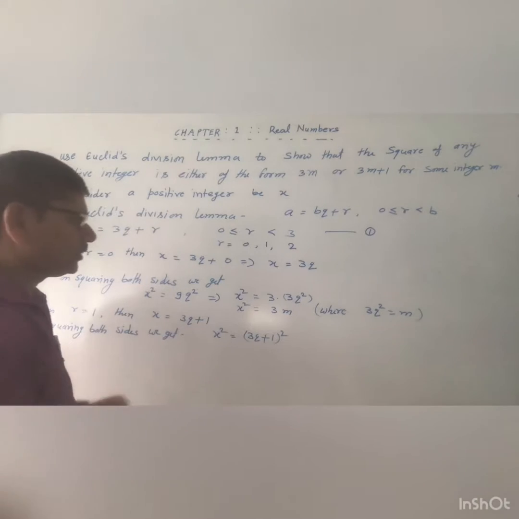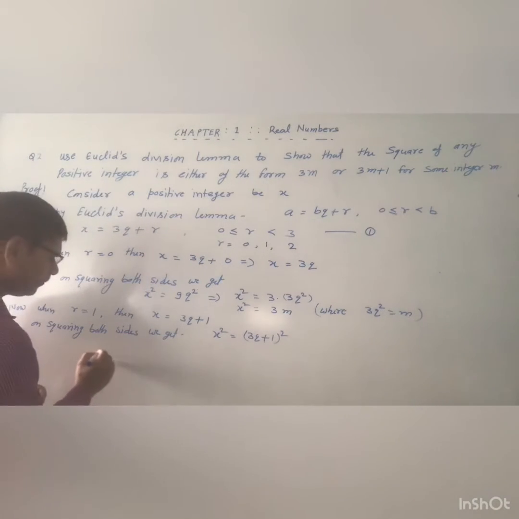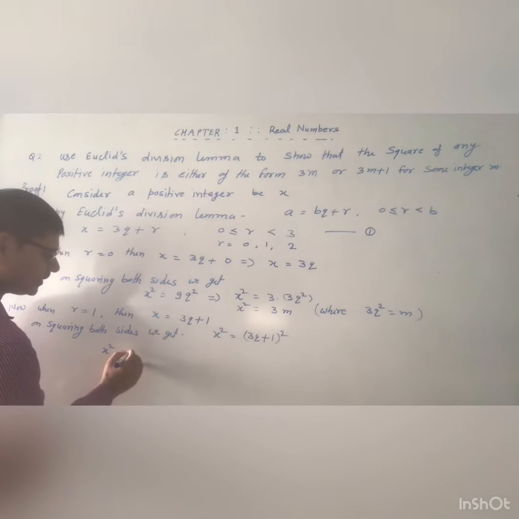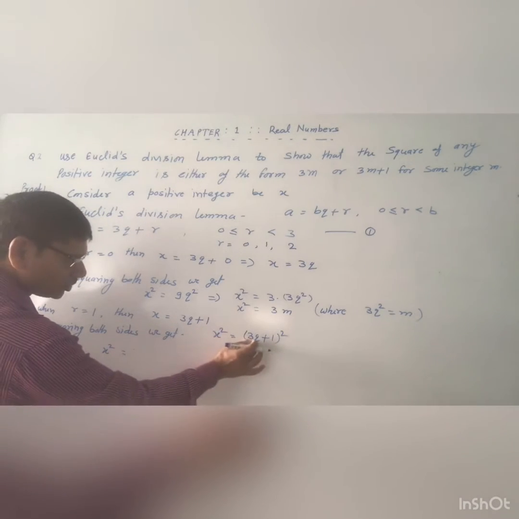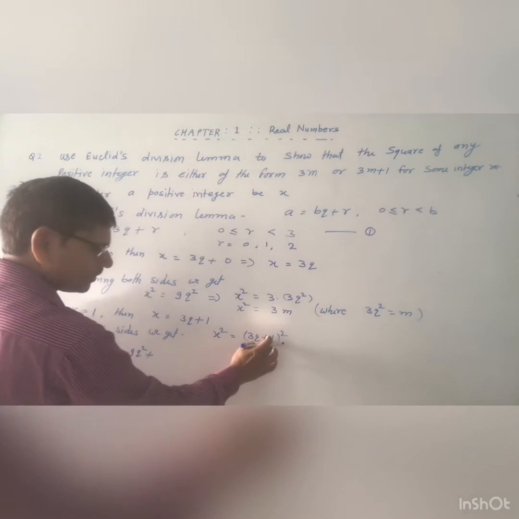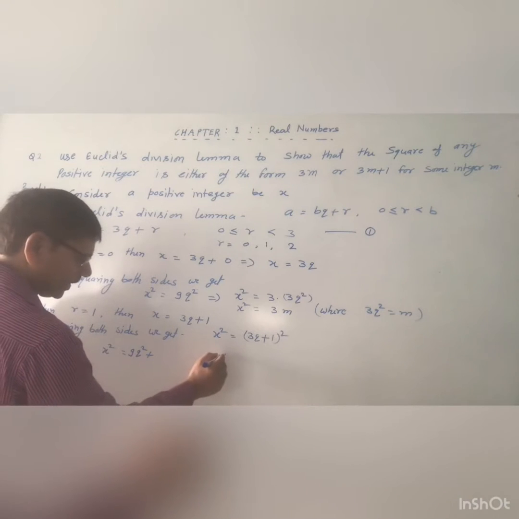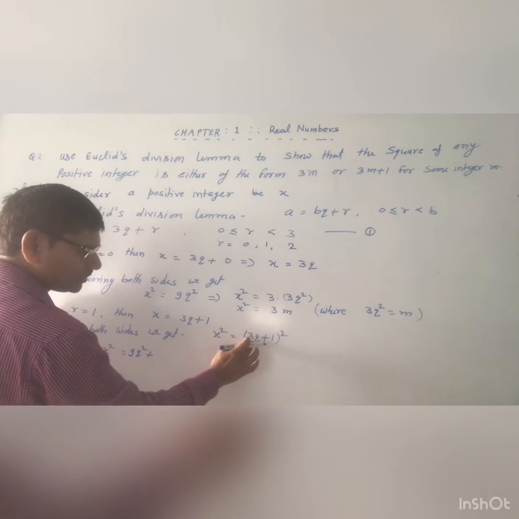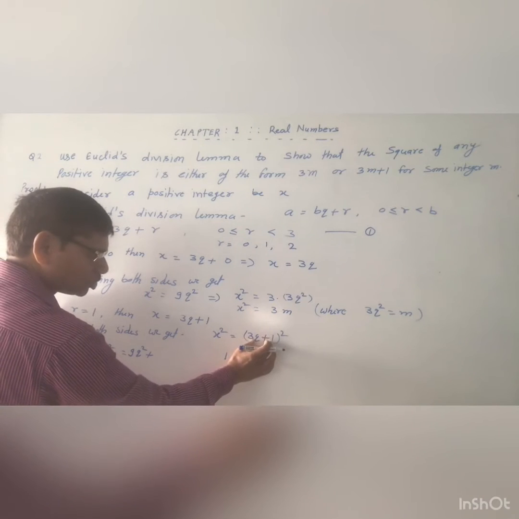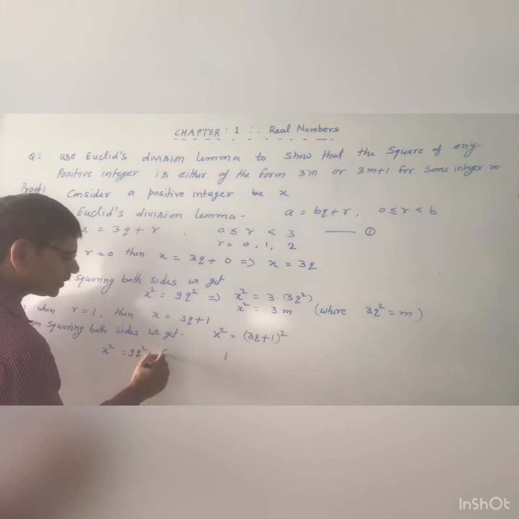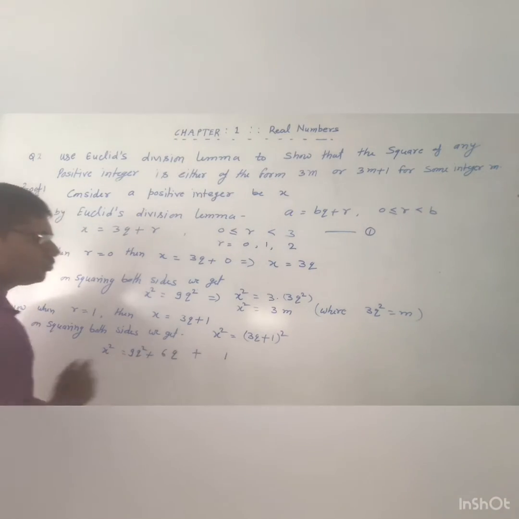Using the identity, you will write it as x square equal to a square, that is (3q) whole square, which means 9q square, plus b square, which means 1, and 2ab. 2ab means the multiplication of these two, that is 3q into 2, so you will get 6q, plus 1.